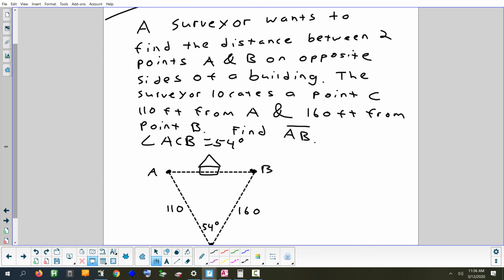So A and B are on opposite sides of a building. Or you can imagine whatever you want. There's an obstruction between points A and B. Maybe it's a lake. I don't know. But for whatever reason, you can't just measure the distance from A to B. Maybe it's like a canyon, and you're finding the distance across the canyon.